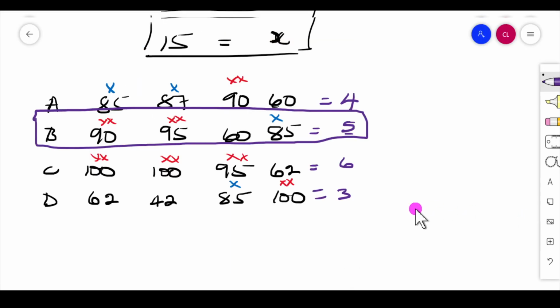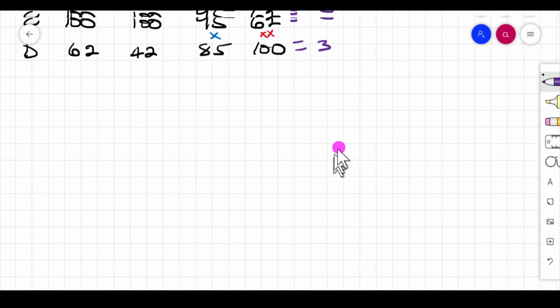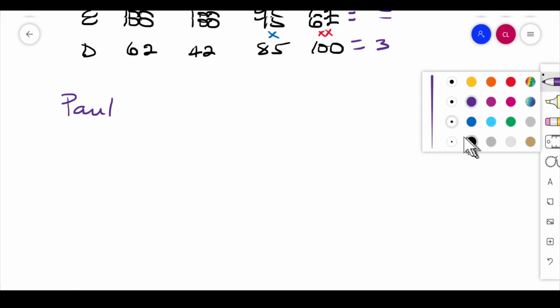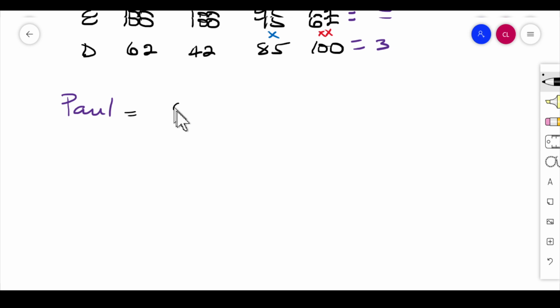Let's go to the whiteboard now, and let's start off with Paul. So Paul, let's swap colors. Paul is 54. Daniel is going to be whatever 54 is divided by 3, because he's 3 times older. So 54 divided by 3.